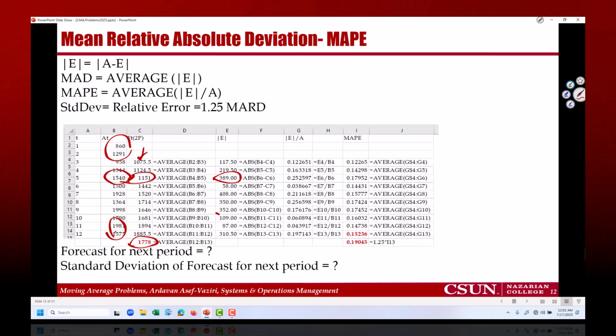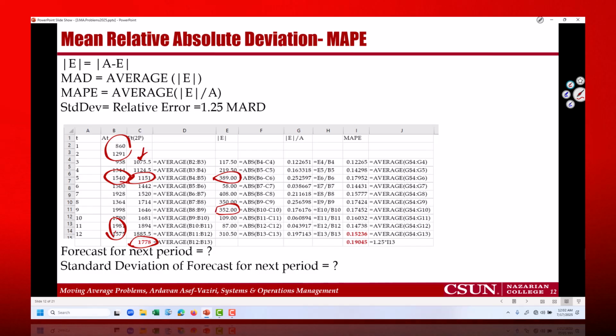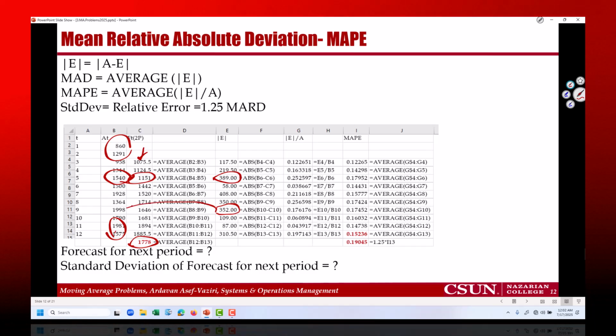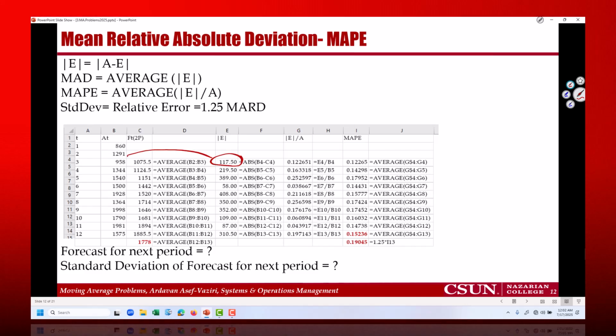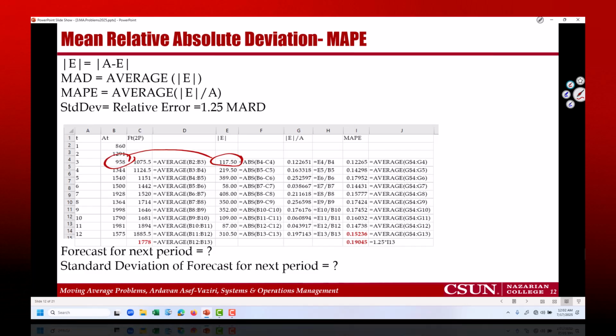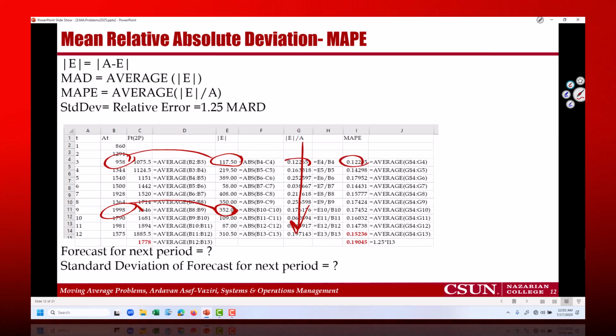Then we take the absolute value of E and divide it by its corresponding actual. Take the absolute value of error divided by actual value, and these are here. Compute the average of all of these.